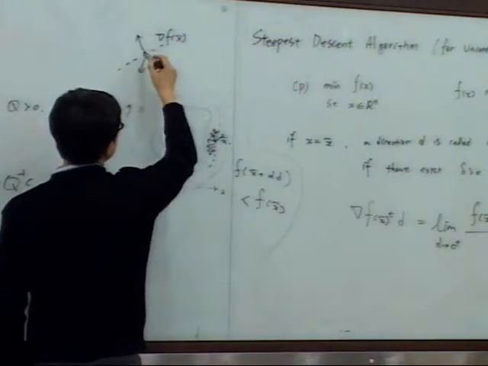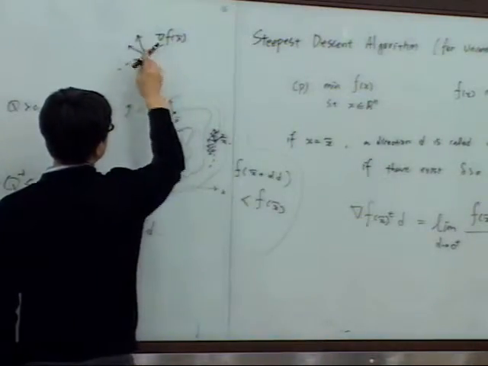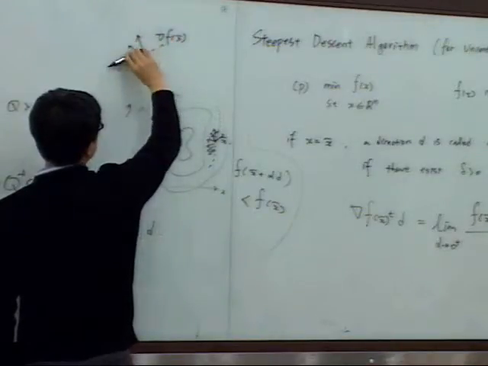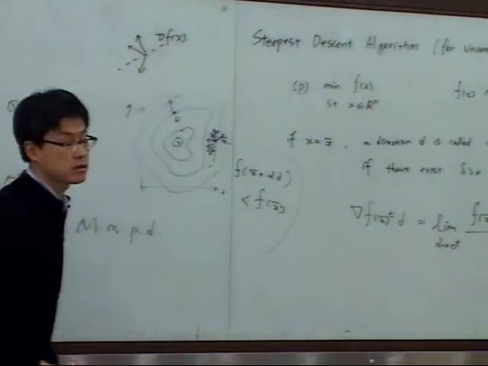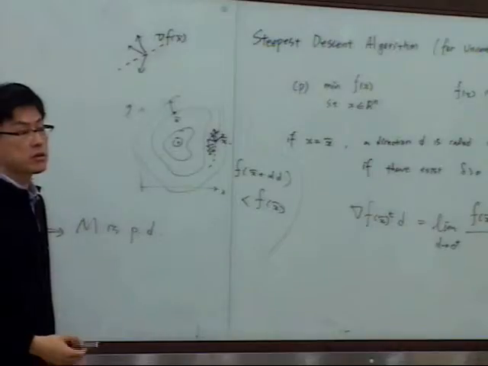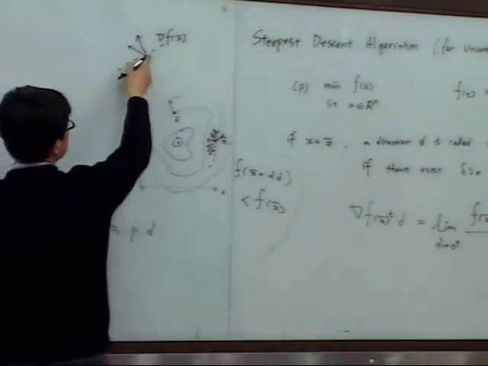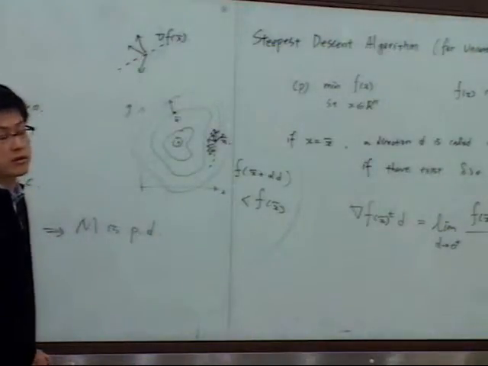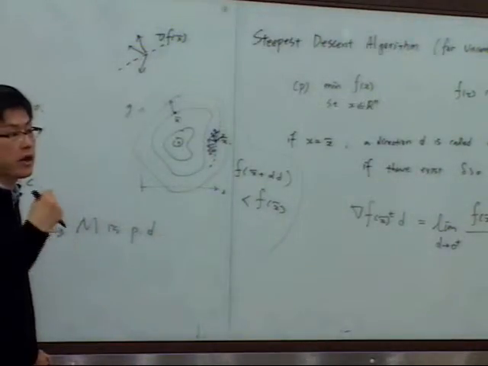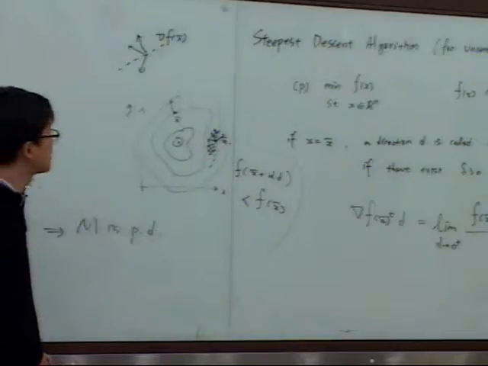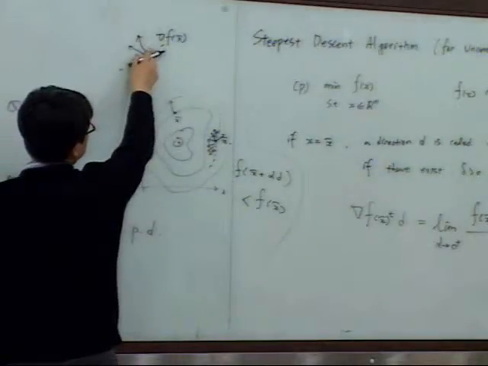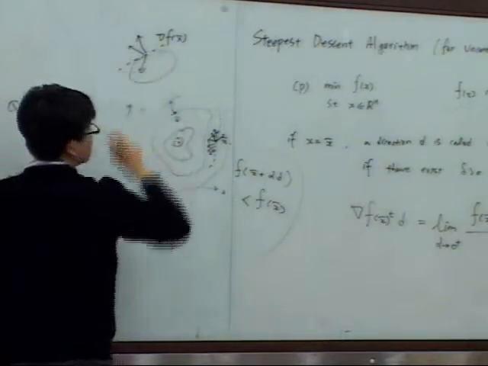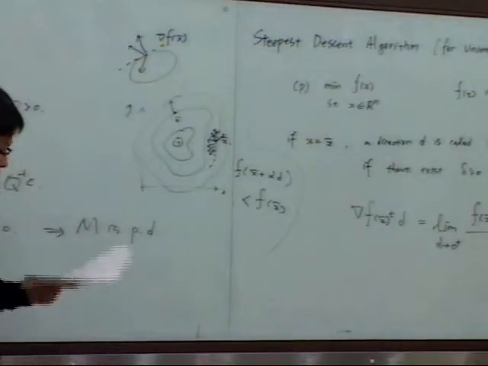So if d is in this region, then this dot product will be greater than 0. If d is within this region, then this dot product is less than 0 because the angle is greater than 90 degrees. So that's the definition of descent direction.